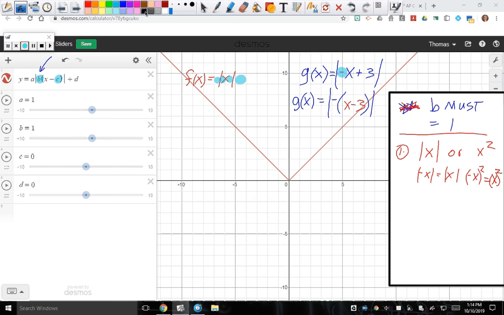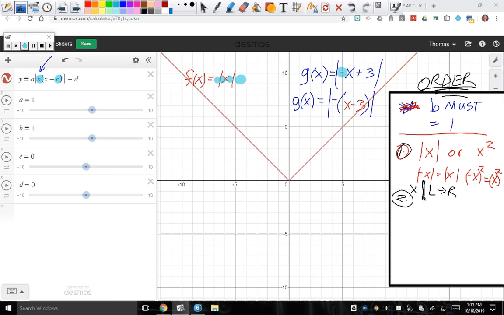Okay? So I'm showing you right now when you use what I'm about to list out for you, the order. It's all about the order of the transformations, because order matters. If it's absolute value or x squared, you will do the x's first, and you're going to do, sorry, not PEMDAS, you're going to do left to right.